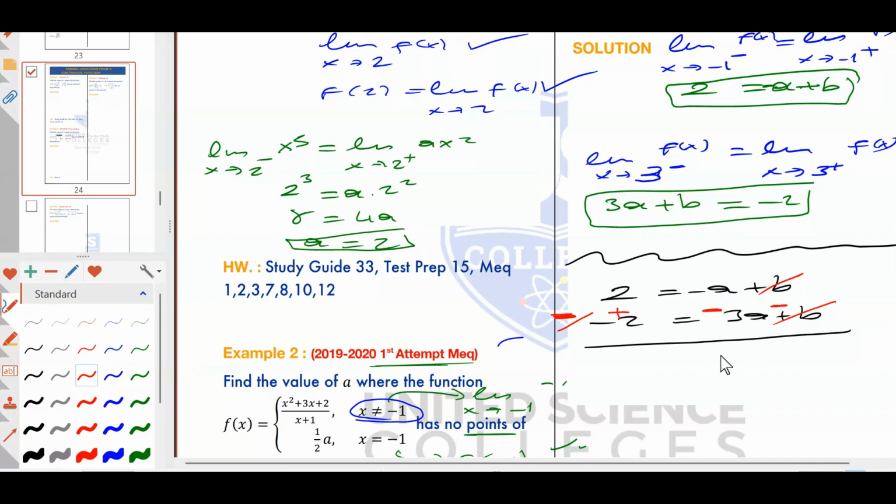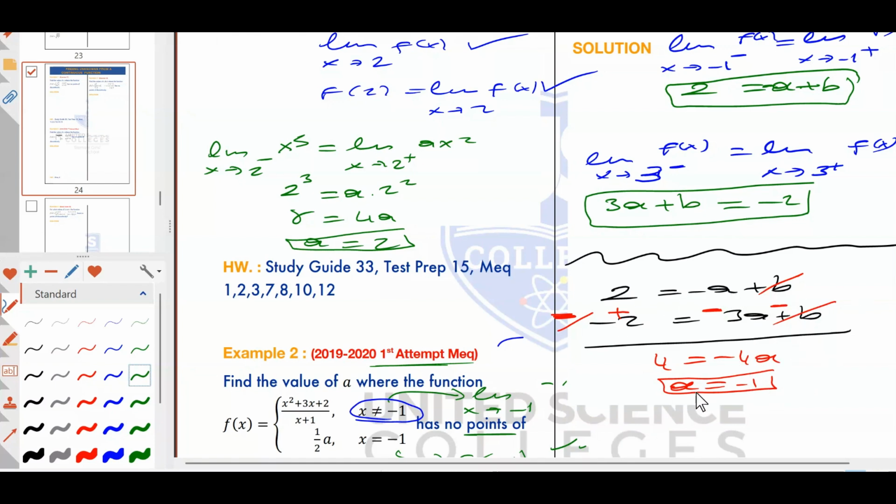-a, -3a makes -4a. On the left, 2 makes 4. Divide both sides by -4, so a is -1. So I got an unknown. The other unknown, b, you get by inserting -1 back into one of the equations.